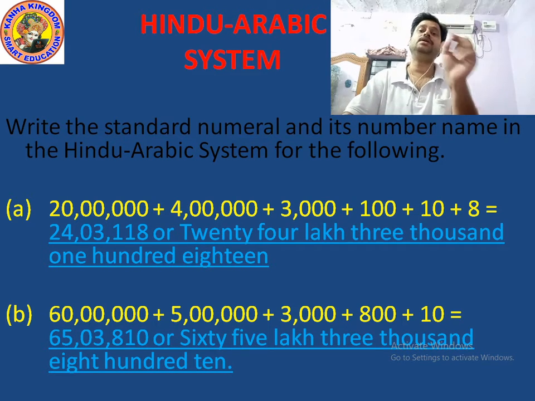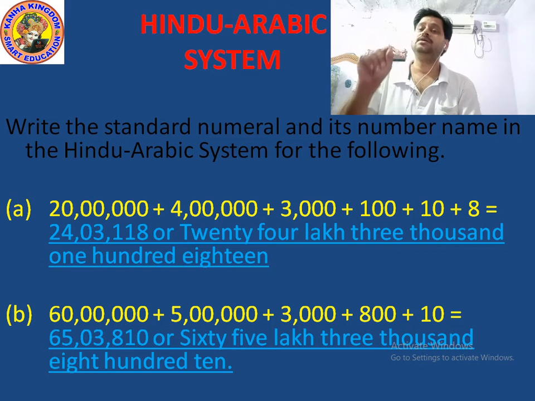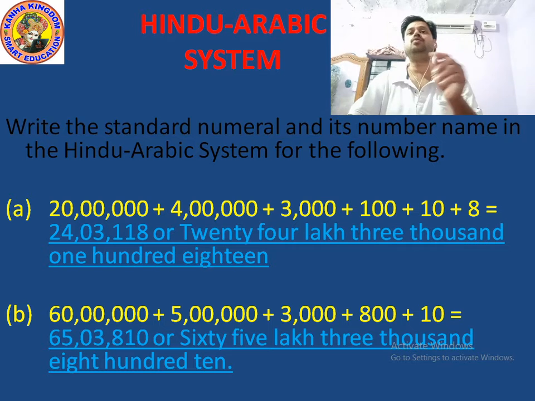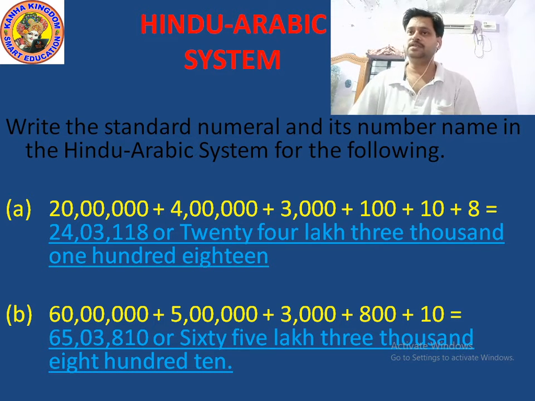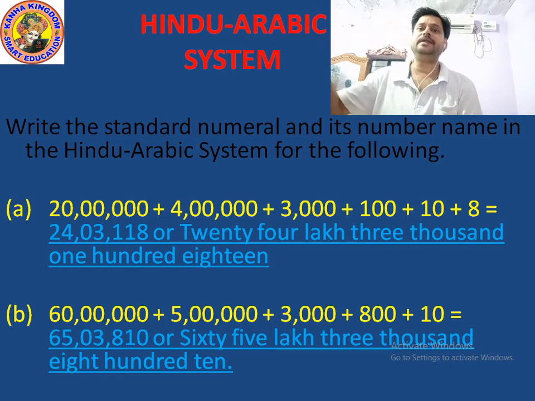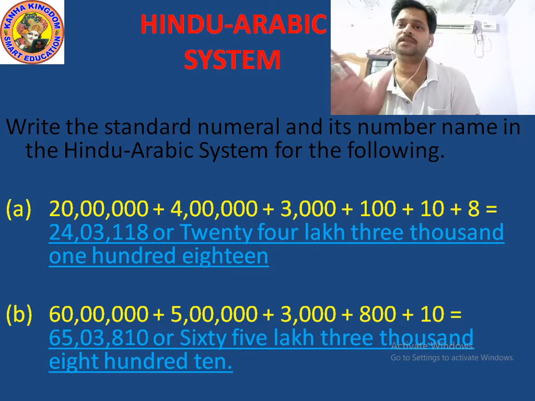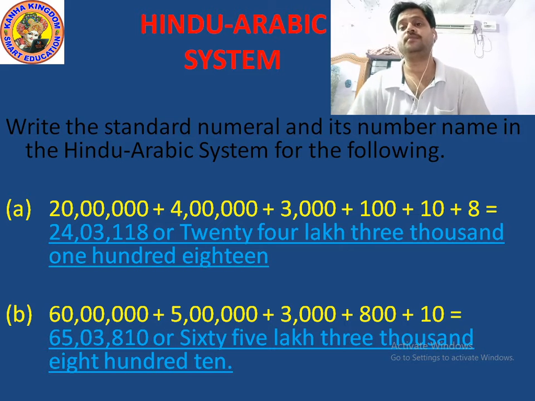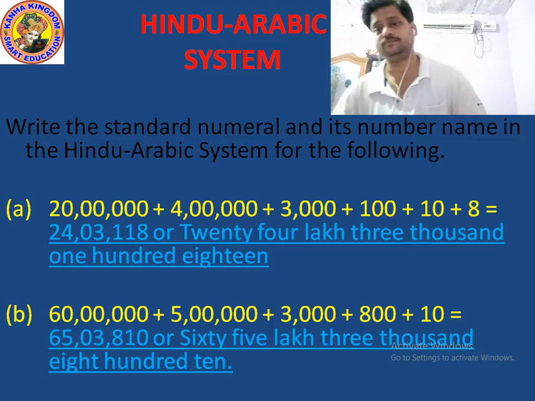Lakhs period, means 24 lakhs. 03, don't write 03. But 03 is in which period? Thousand period. So 24 lakhs 3,118. This is the correct answer. Understand? Very good. Now I will explain the B part of this question.